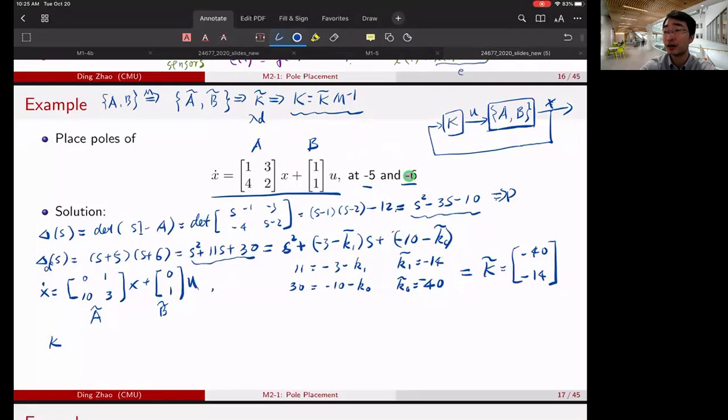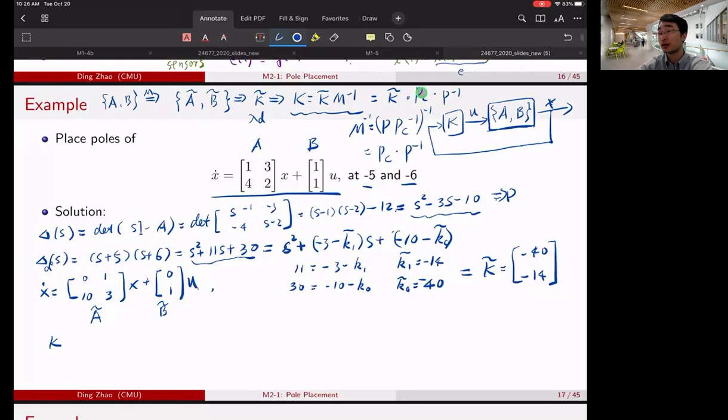So this M can be computed, K tilde M inverse can be directly computed, so we know M equals P and PC inverse. To calculate this M inverse, you get this inverse, and this should be PC times P inverse. So what is PC?